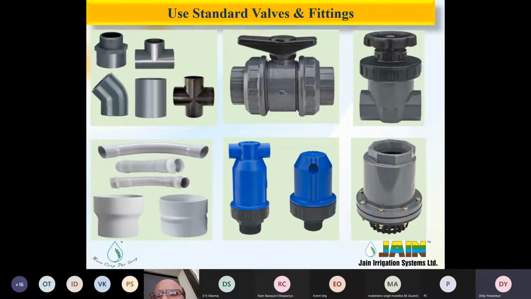Then there are some valves. Different kinds of valves are required in the system, like gate valve, non-return valve, sluice valve, air release valve, foot valve. In the drip system, we recommend going with plastic only, PVC, because PVC has a low coefficient of friction, so the losses in the pipeline and valve are less.